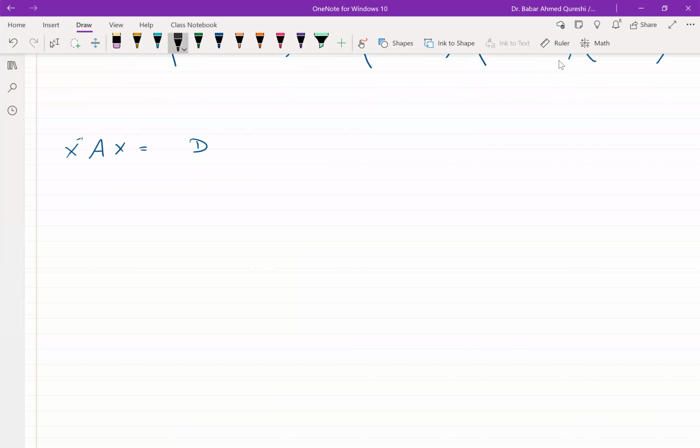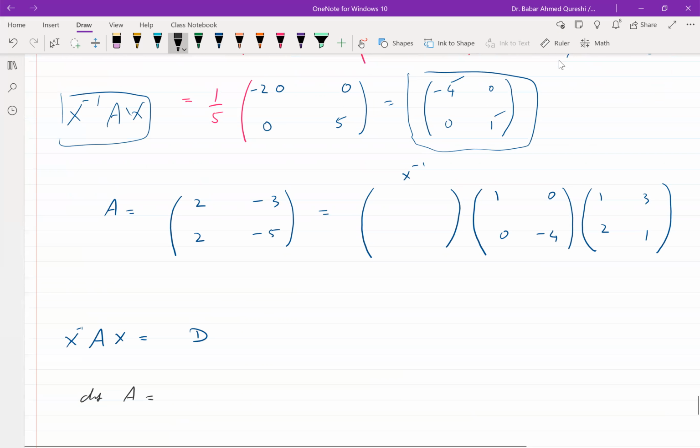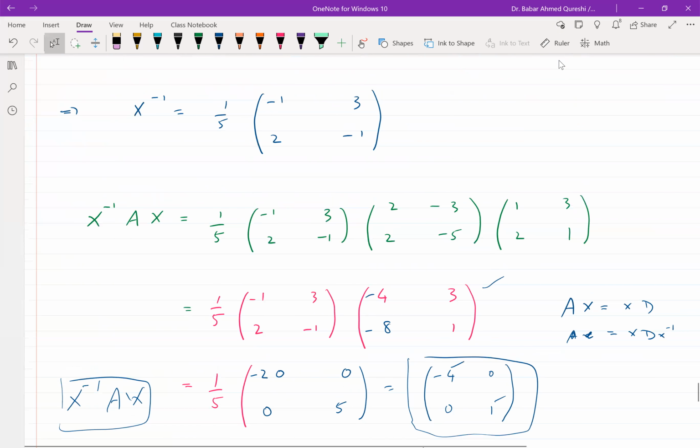Let's quickly check the other facts. The determinant of A, I don't even have to go to the diagonal, because of this construction I know that these things work.